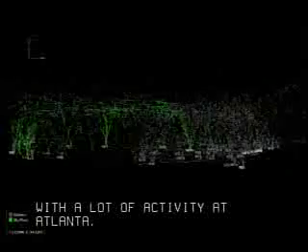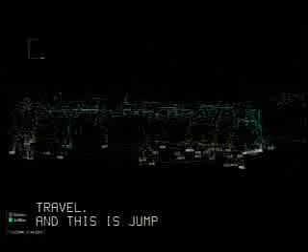And SkyWest, which works closely with United Airlines. And this is Northwest with a lot of hub operations in Minneapolis. And this is Southwest Airlines with a lot of point-to-point travel. And this is JetBlue Airways, which is truly a transcontinental airline flying from coast to coast. And this is followed by US Airways.